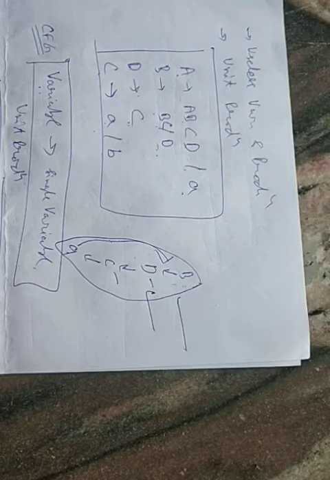Let's take one example. Suppose I want the answer to a question, and I have written that you can find the answer in page number 14. Once I move to page 14, you have written that you will find your answer in page number 18. Now in 18 you have written that you can find it in page number 20, and finally the answer is written in page number 20.